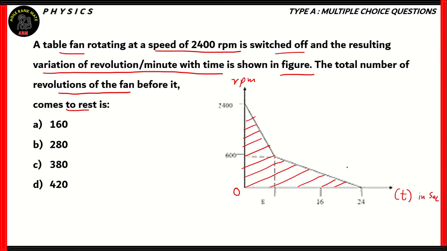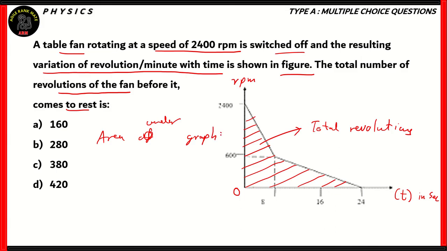So similarly, for angular velocity, if you have an RPM versus time graph, the area under the curve would give you the total revolutions. And so all we have to do is find out the area under the graph.